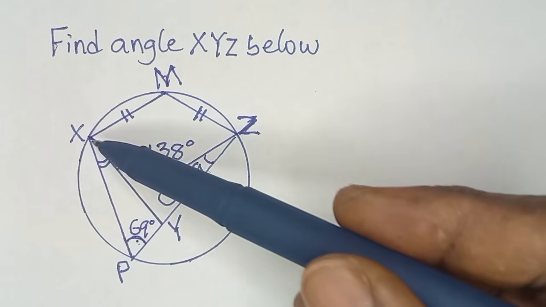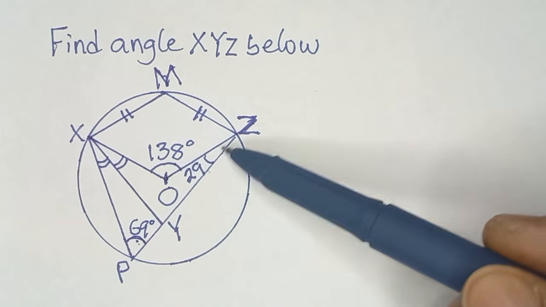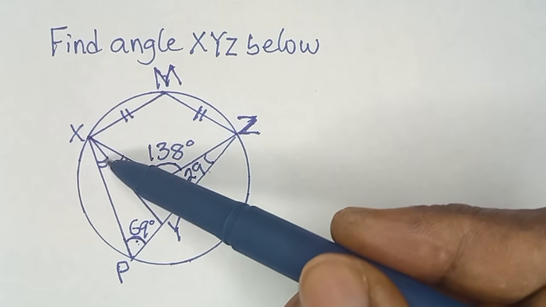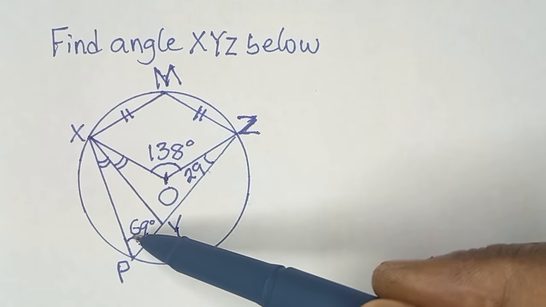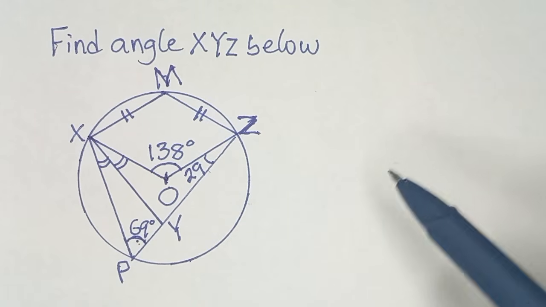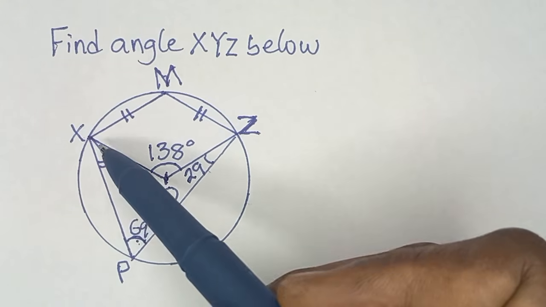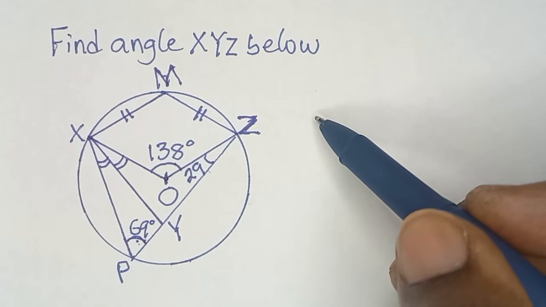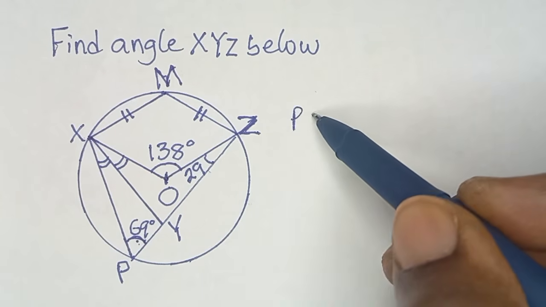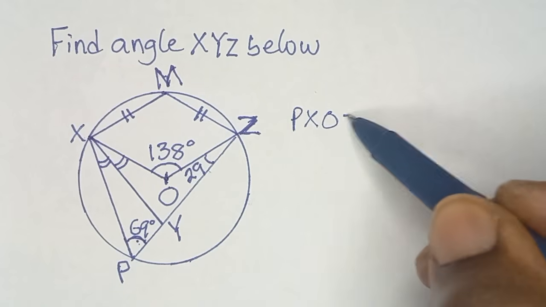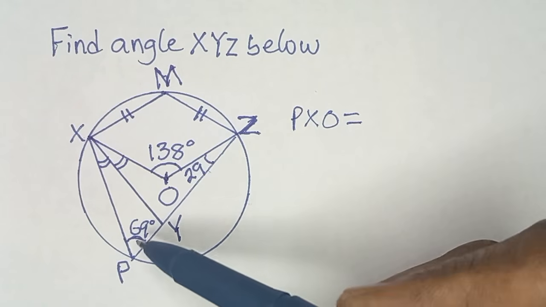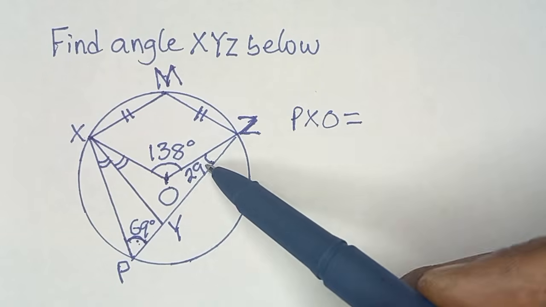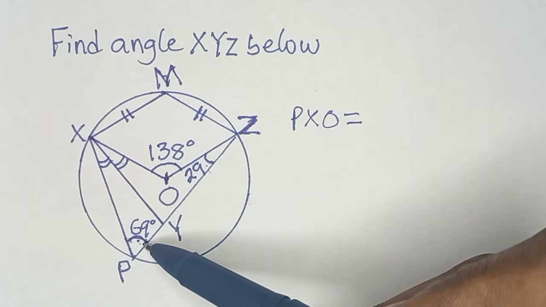Now, when you see a shape like this, where you have two angles at this elbow end here, and then you have an angle at the circumference here, the shortest method to apply is just to say that this angle at this point, let me call it angle PXO, is equal to this one at the circumference minus this one here, because the sum of these two angles will give this 69.